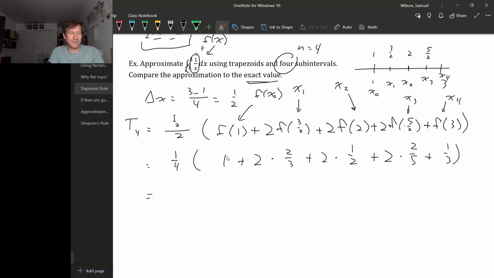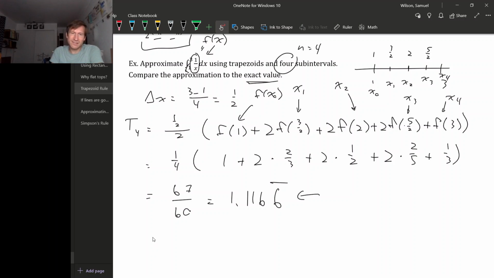So I get, for some reason my calculator has given this to me as an exact fraction, 67 over 60, which is 1.116, and then just a bunch of 6's after that. Okay, so that's the approximate value that the trapezoid rule gives for this integral.